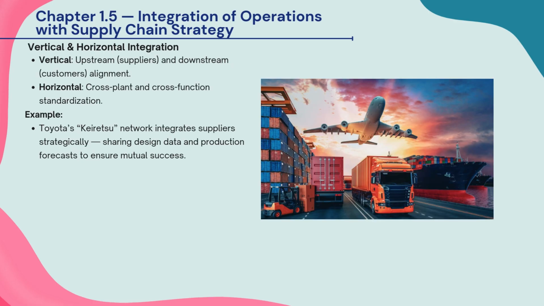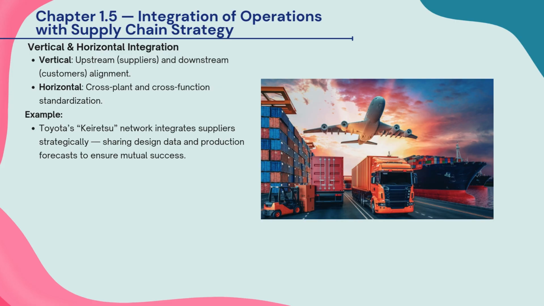Vertical and horizontal integration strengthen how operations connect across the value chain. Vertical integration aligns an organization with its upstream suppliers and downstream customers to create smoother flows, better coordination, and shared visibility. Horizontal integration focuses on standardizing practices across plants, functions, and processes so the entire system operates with consistency and efficiency.